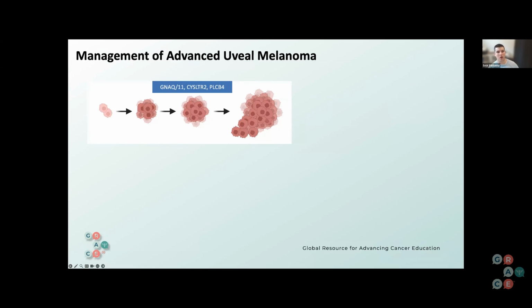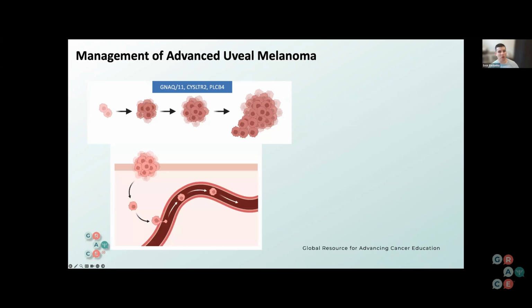Those mutations are the drivers. They are exclusive. So always when you have one type of mutation like GNAQ, you don't have PLCB4. So these drivers dictate the uveal melanoma growth.